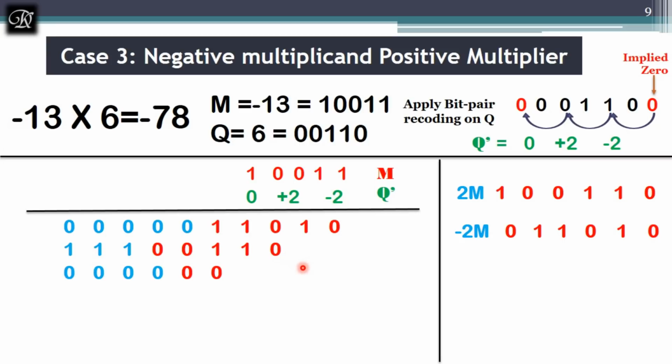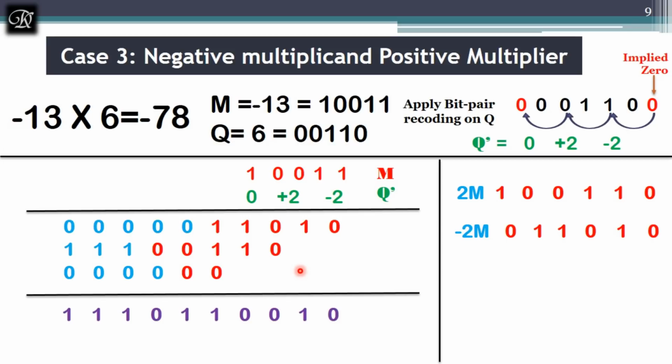Next, 0 I will write as it is, and let me find the final product. 0, 1, 0, it is 0 and carry is 1, and it is 3, 1 here and carry is 1. I have written 1 here, 0, 1, 1, 1. So this is negative 78 again, with the case of negative multiplicand and positive multiplier.